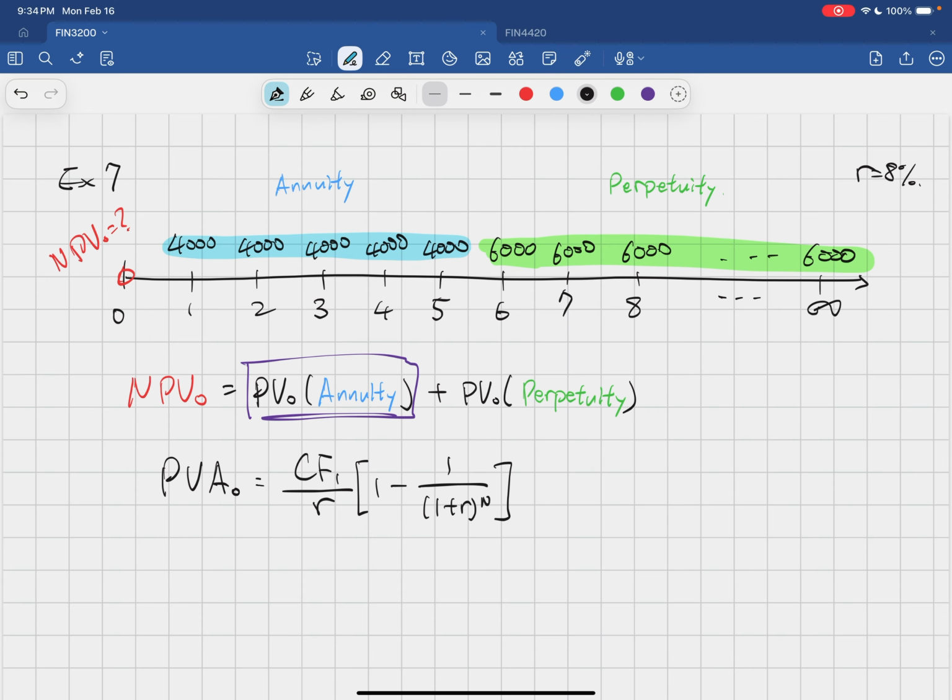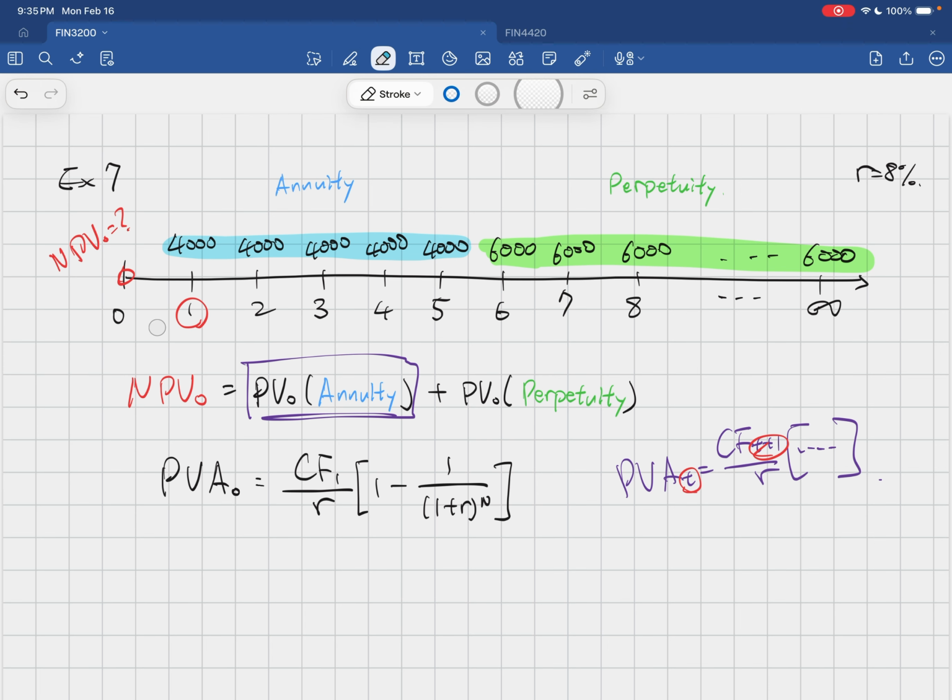Again, the PVA formula looks like this: cash flow at T plus 1 over R, times that component. Here we always check when the first cash flow occurs in the annuity. Here it occurs in year 1, so when you use the formula, you get the value as of year 0 immediately.